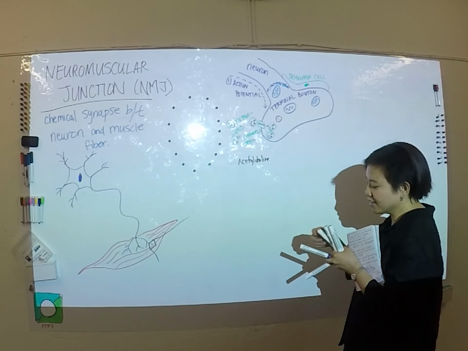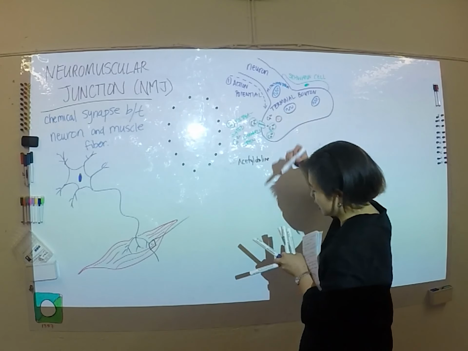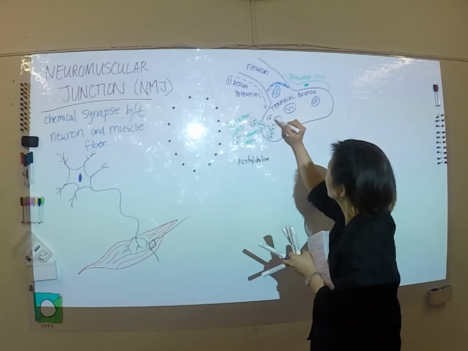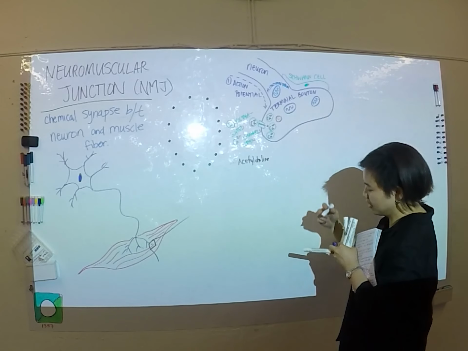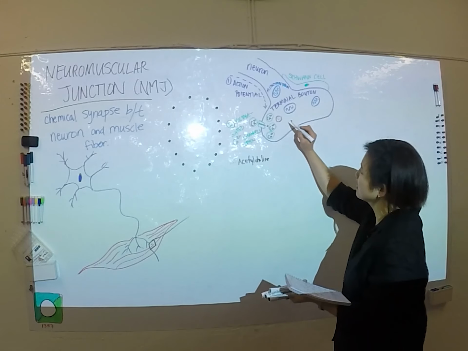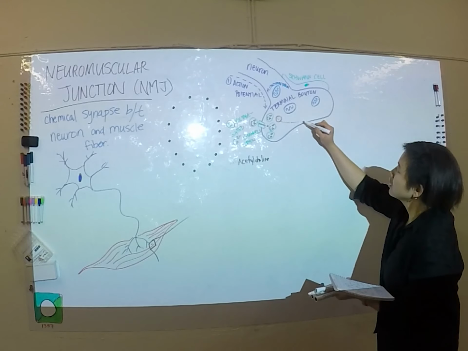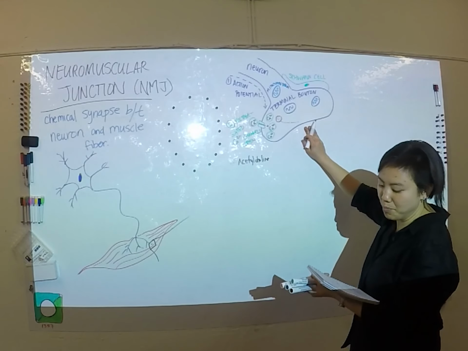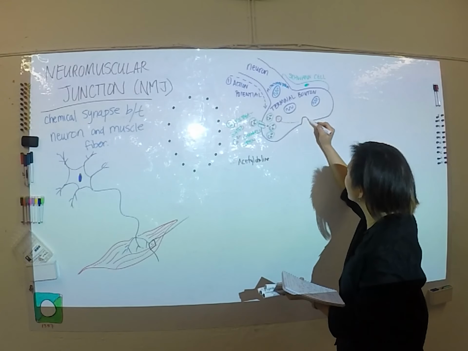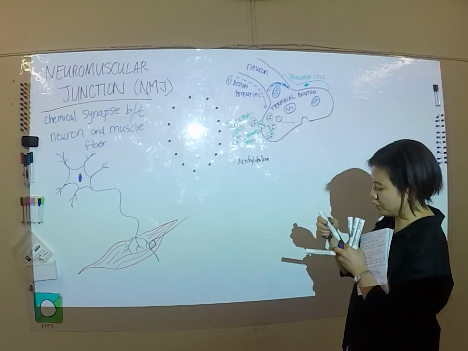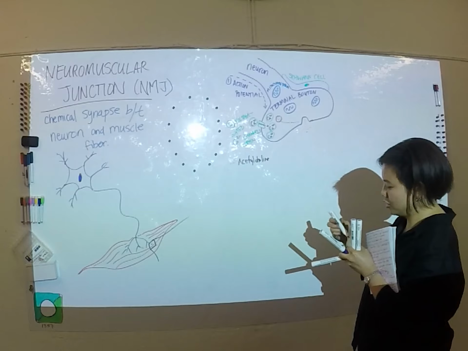So, the calcium ions, we got lots of them here. They are going to activate this vesicle, and what is going to happen? The vesicle is going to move towards the cell membrane, and it's going to fuse with the cell membrane in order to release acetylcholine into the synapse.